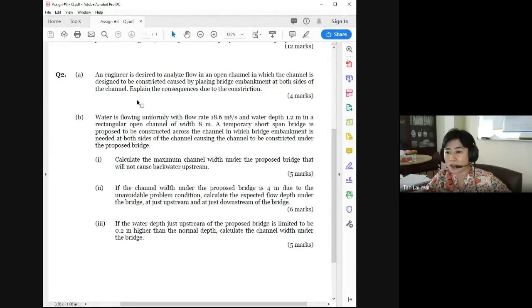I would like you to explain all these 3 cases, and also touch on whether the upstream flow is subcritical or supercritical.